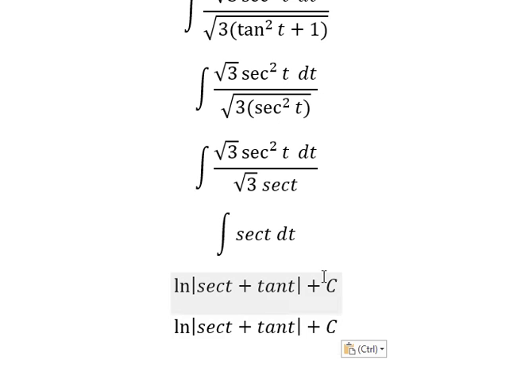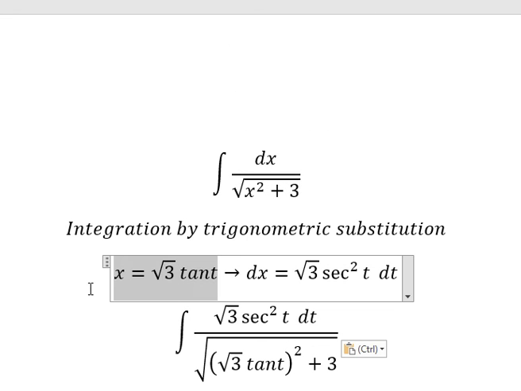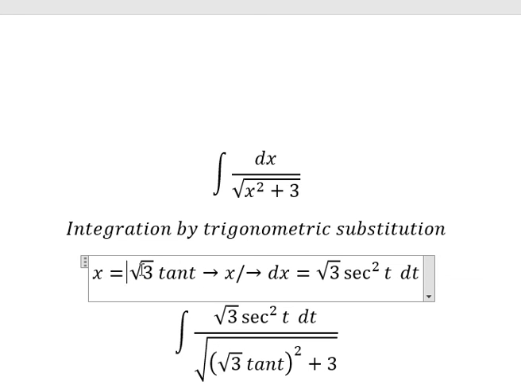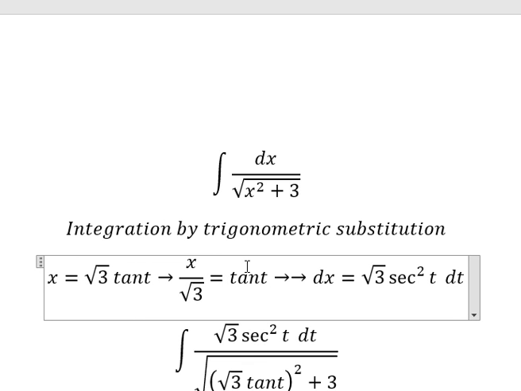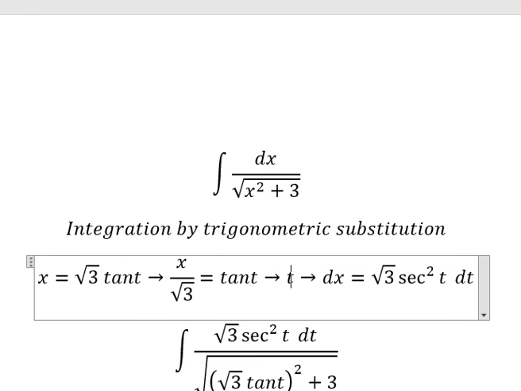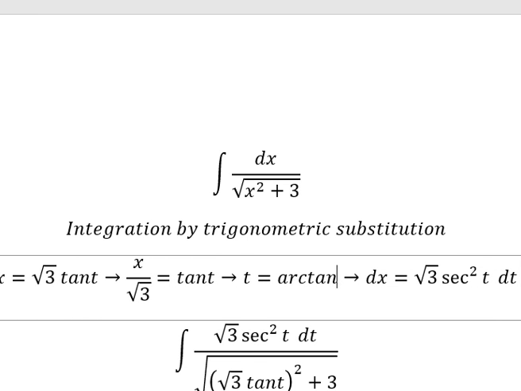About t, that is this one. So we need to divide both sides by the square root of 3. And then you get t equals tan of this one.